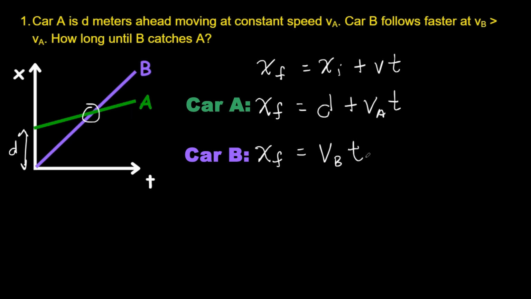Now we're going to combine these two. We're going to set them equal to each other, and then we're going to solve for t. So we have d plus VA t, which will give you the final position for car A, and set that equal to VB t, which will give you the final position for car B. Notice that we can factor out the t.